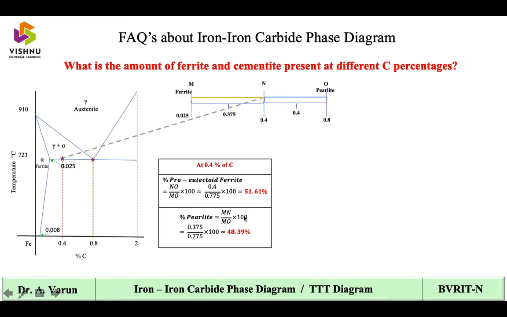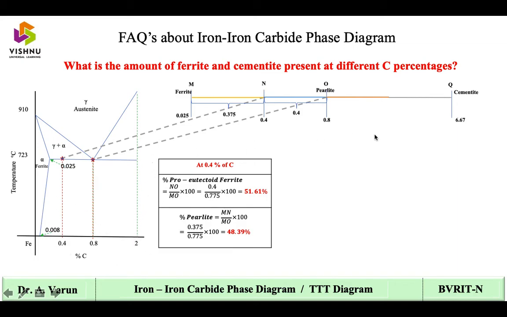Now the next one will be at 0.8 percentage, where I am supposed to calculate not for the pearlite, it is the mixture that we call pearlite. So when it is at 0.8, we get 100% pearlite, which is a mixture of ferrite and cementite. You need to be very conscious about this, because this diagram represents only up to 2% of carbon since it is about steel, but in this steel you are getting a mixture of ferrite and cementite, which is not shown in this diagram.